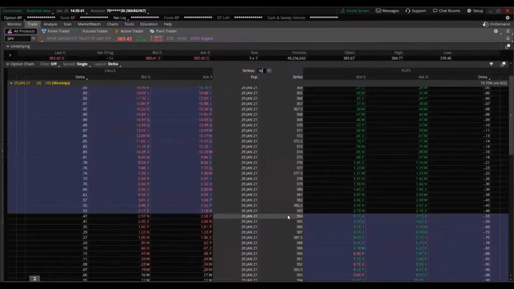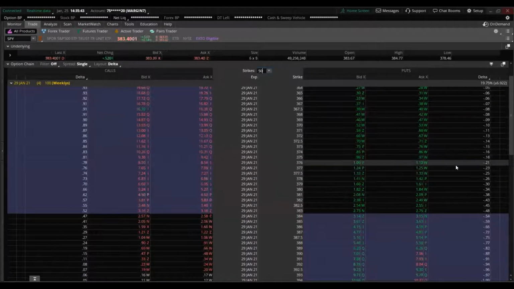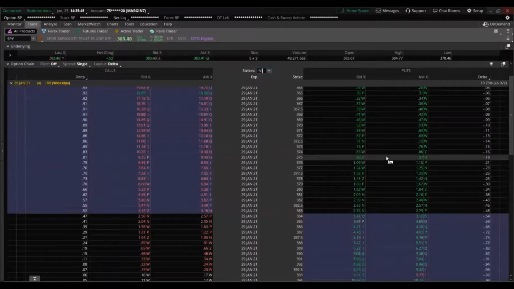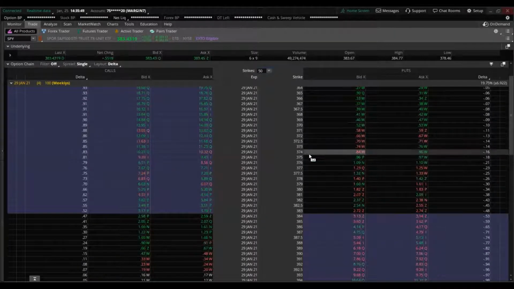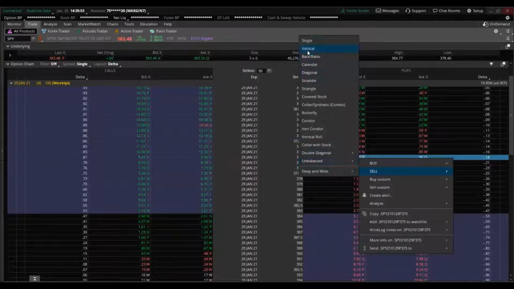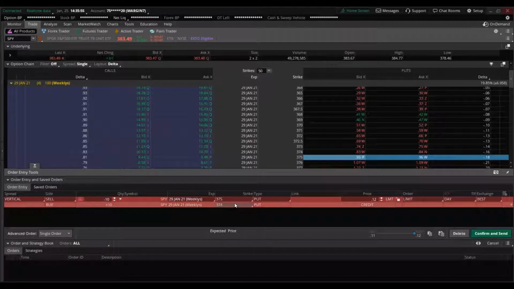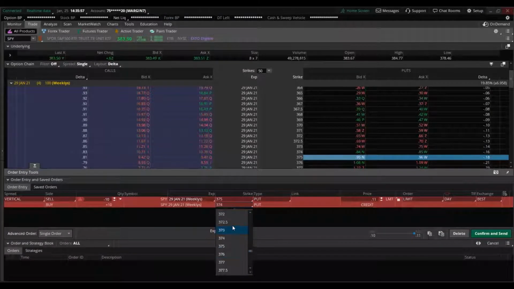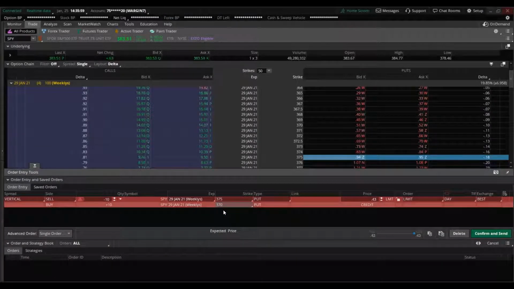And I want to be further away from there. So I'm going to go to delta just below 20. And that'd be the 375 strike. And I say I want to do a minimum of 5 wide. The difference between 375 and 370 is 5.